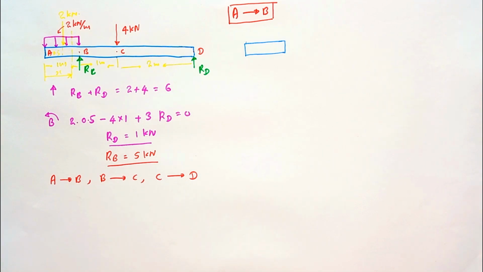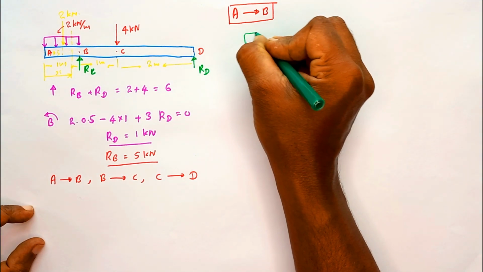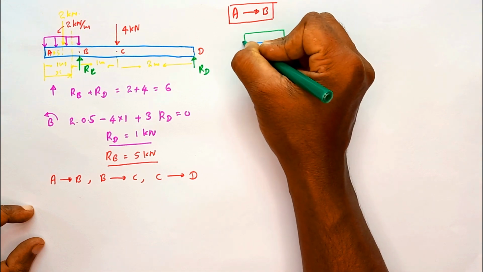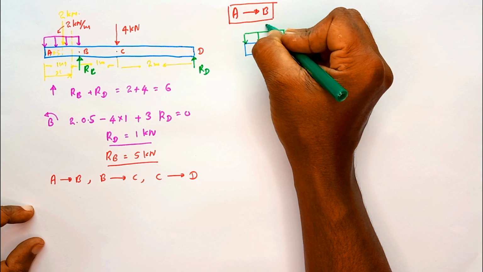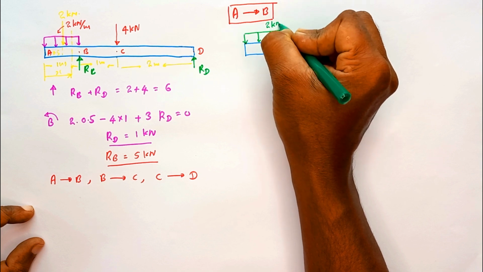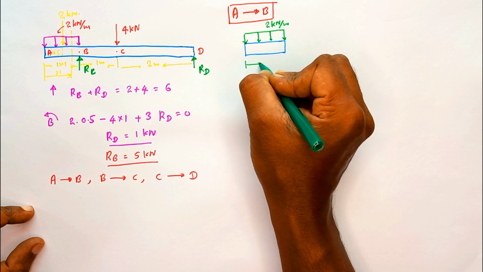Then you have to draw the free body diagram for this left hand side beam part. So what are the forces acting on it? Here the distributed load is acting. The intensity is equal to 2 kilonewton per meter. Then the beam part length is equal to x.